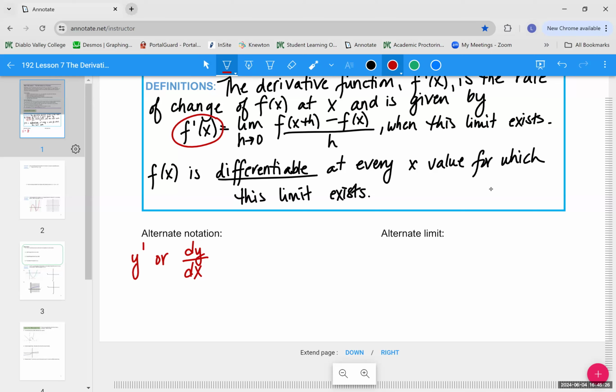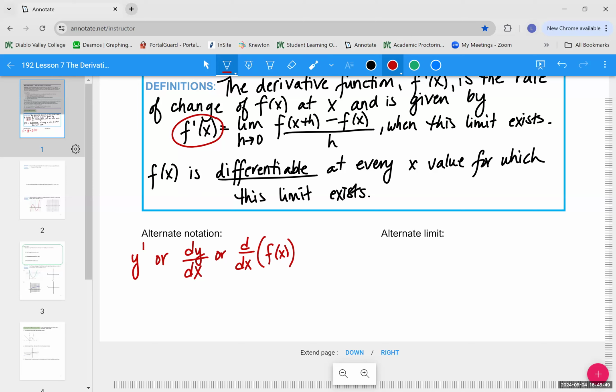One of them used this prime notation and another one used this dy dx. So we're going to use these two things interchangeably. It just means exactly the same thing. Every once in a while, you might see d dx, like the derivative with respect to x, and then potentially whatever that function might be.